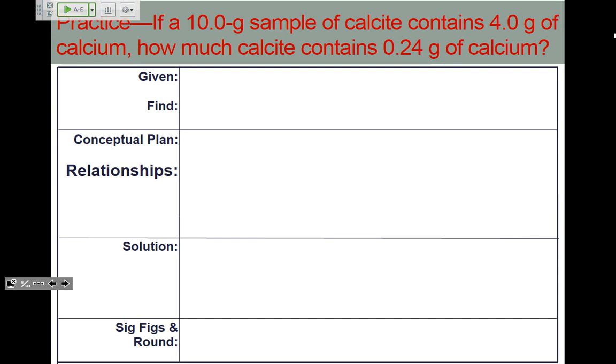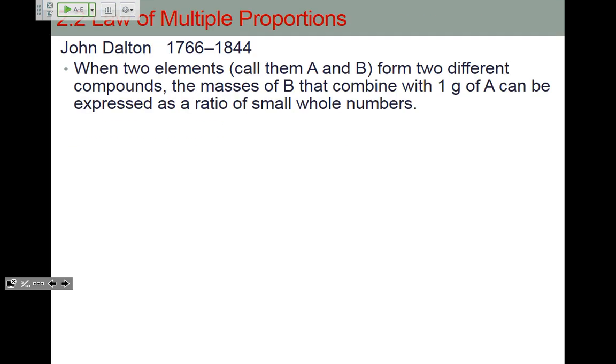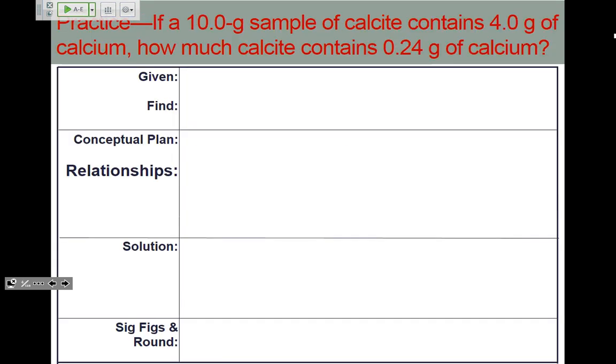But what we do know is no matter the amount of calcite, we're always going to have the same proportion of calcium in it because it's a pure substance. It's a pure compound. So what we're given is our grams of calcite and our total grams in sample 1.